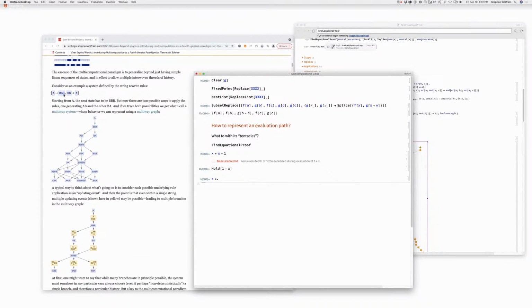This is saying A goes to BBB, BB goes to A. The problem is that the token that is BB is mixed up inside this expression that we've got here. And in the case of our hypergraphs and physics, what's happening is that we are knitting together certain tokens to say those tokens correspond to a state.